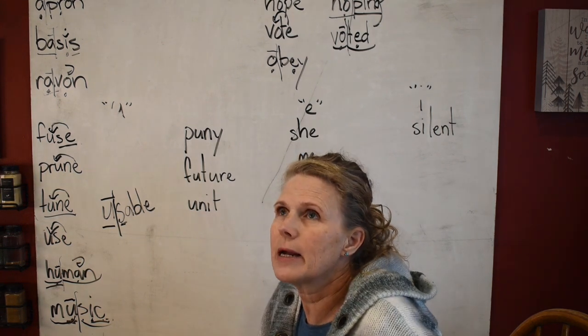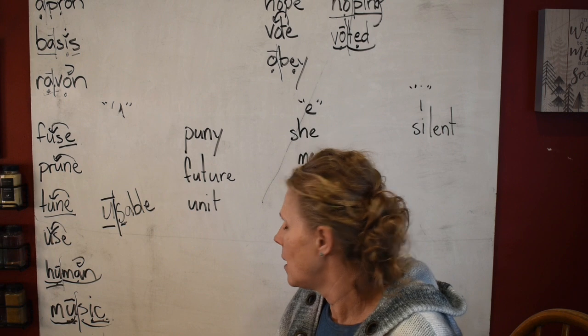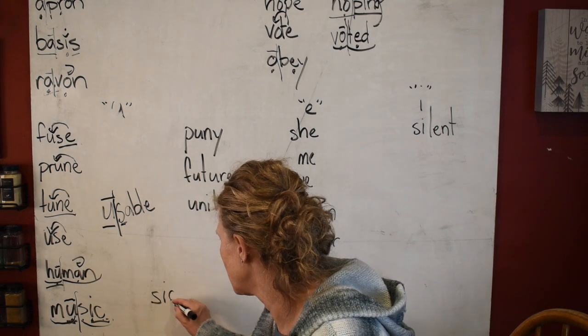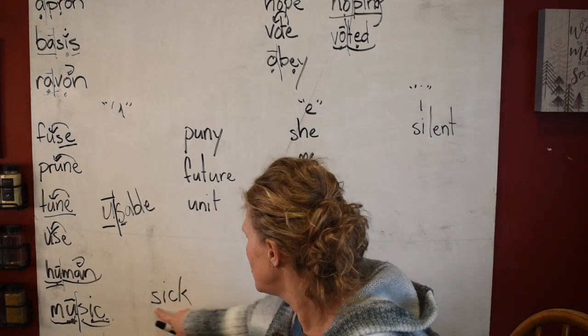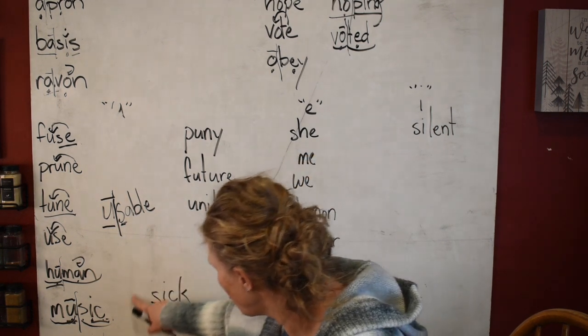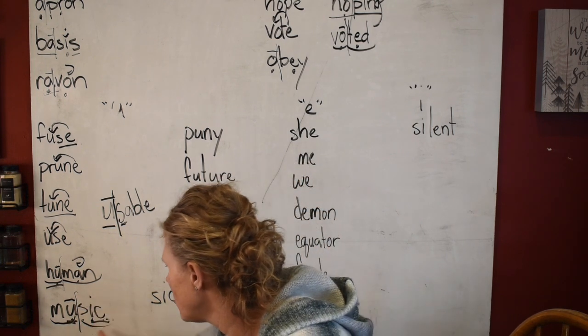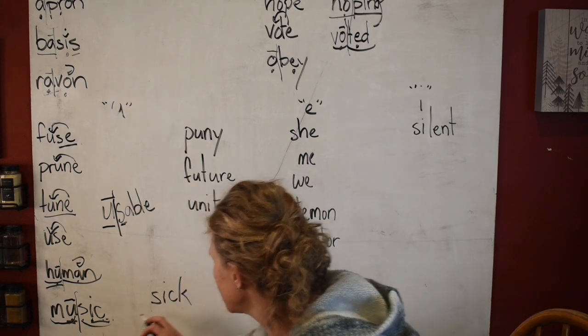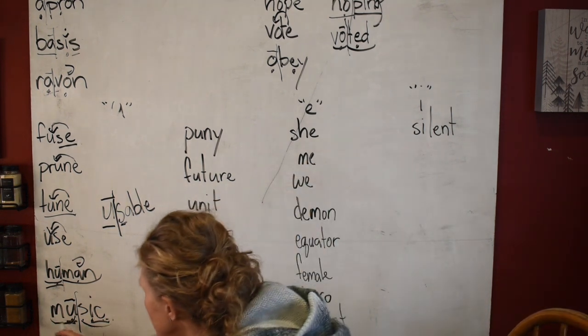But if you hear ick at the end of a one-syllable word, you would spell it with an I-C-K. One syllable, multi-syllable. Kind of a fun trick there. So this says sick and this says sick. Music.